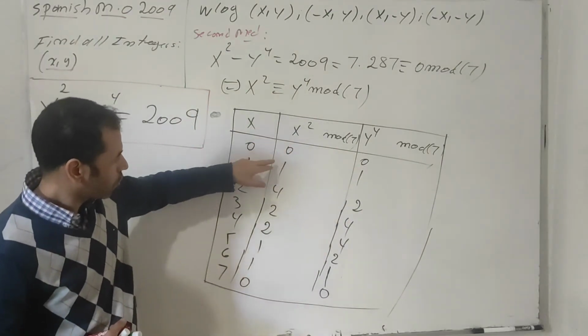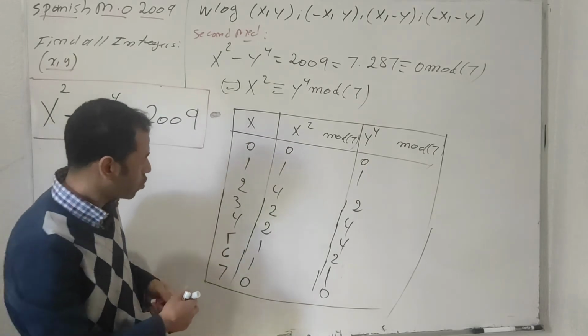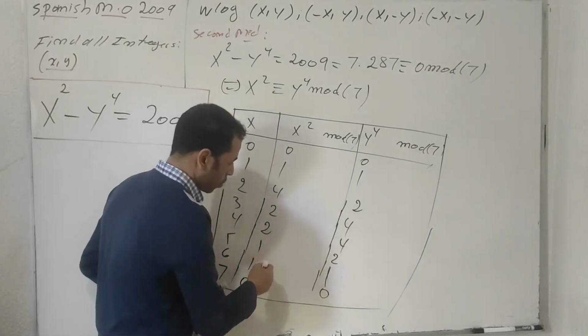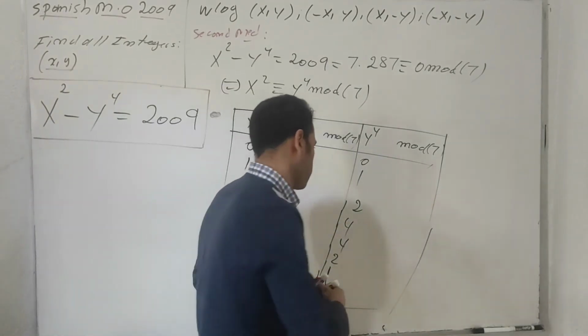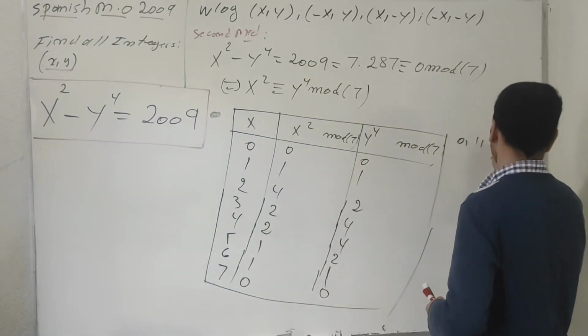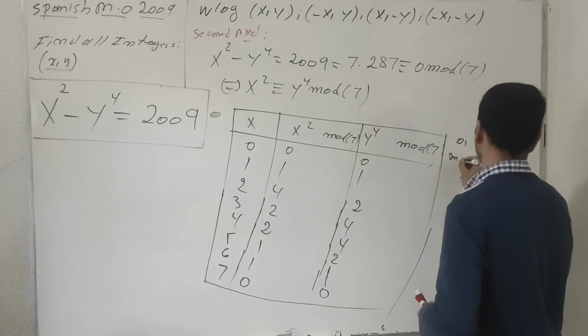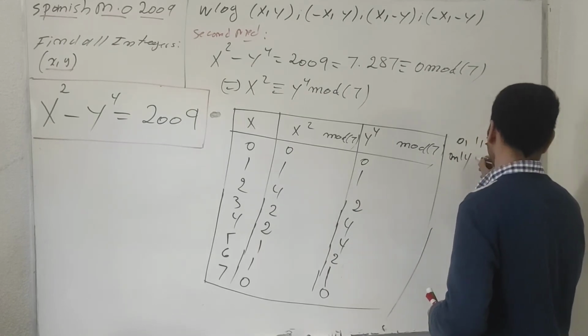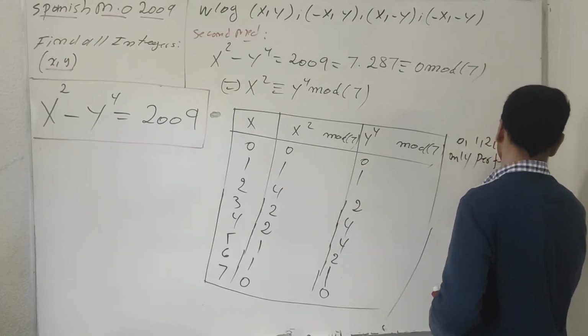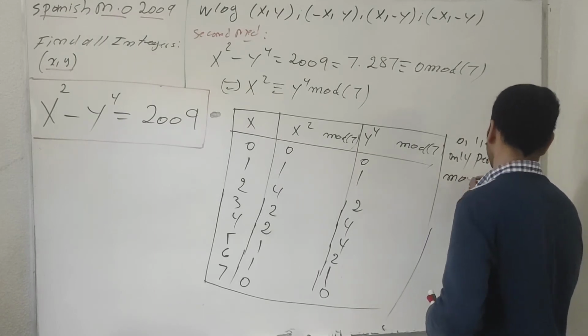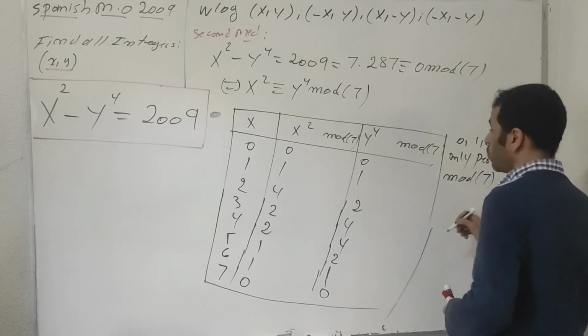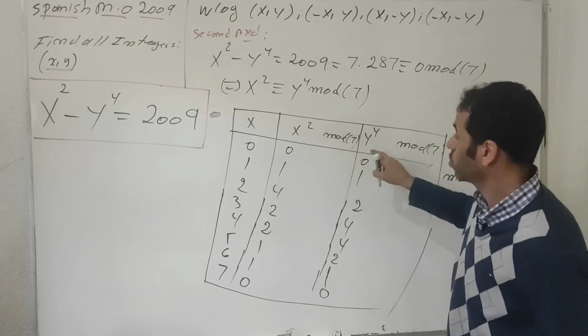So I'm going to look for the shared points. 0, 1, 2 and 4 are all shared, which means 0, 1, 2 and 4 are the only perfect squares mod 7 for both x squared and y to the fourth.